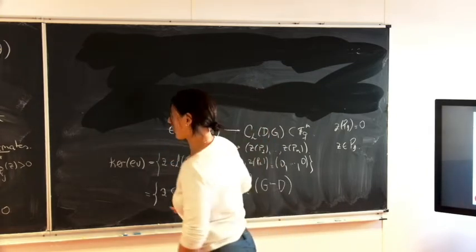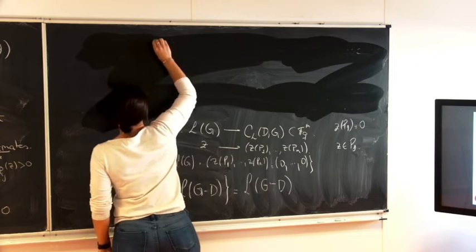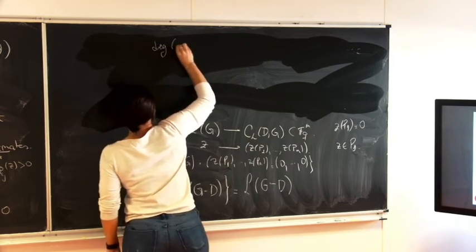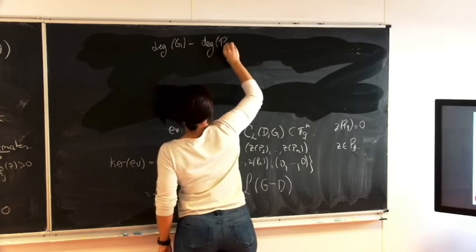Because the degree of that divisor is the degree of G minus the degree of the sum of the Pi's.